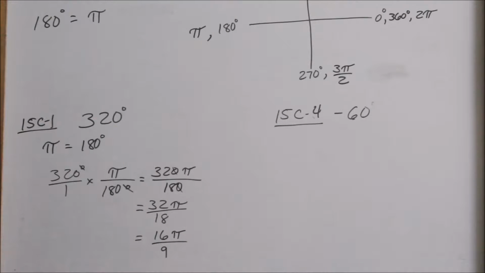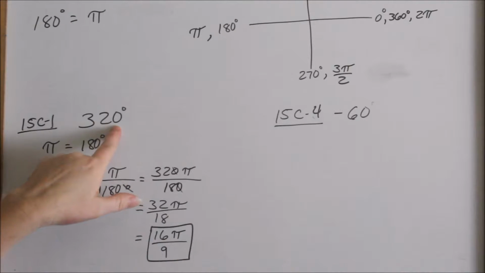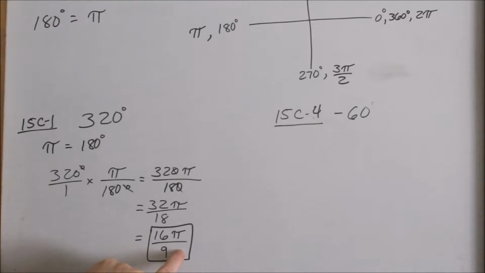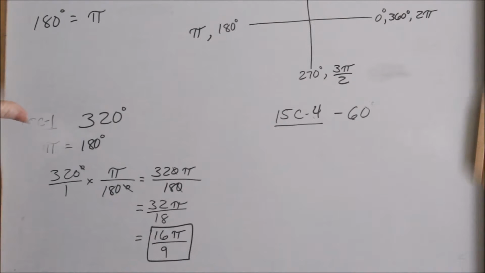So 16 pi over 9 would be your final radian answer. 16 pi over 9 is the same thing as 320 degrees. This one is just in degrees. This is in radians. Again, we don't put the word radians. Seeing the pi there tells me that it is in radians.